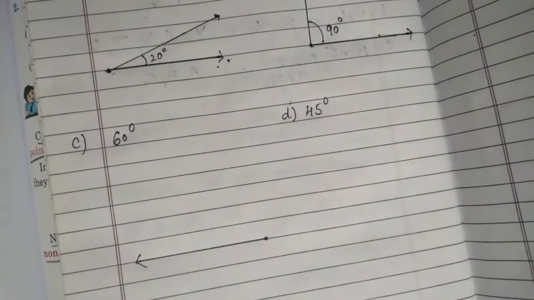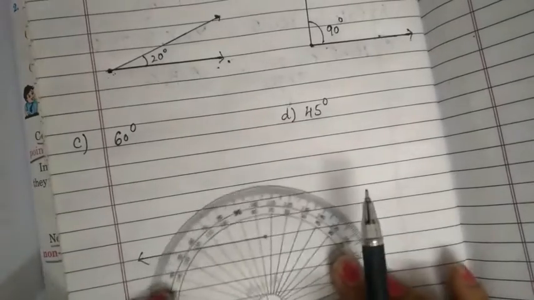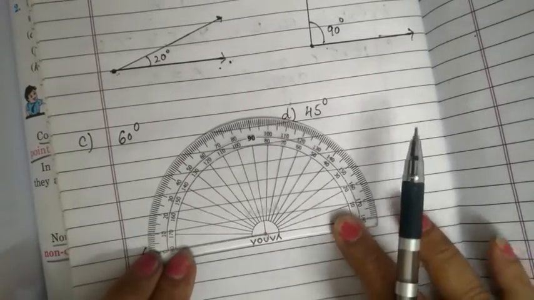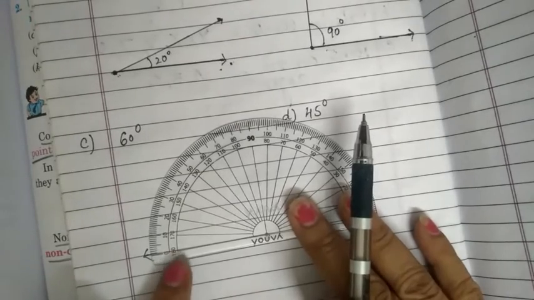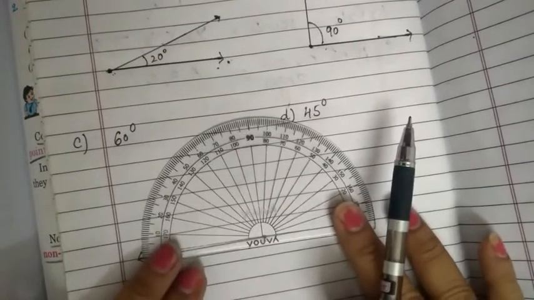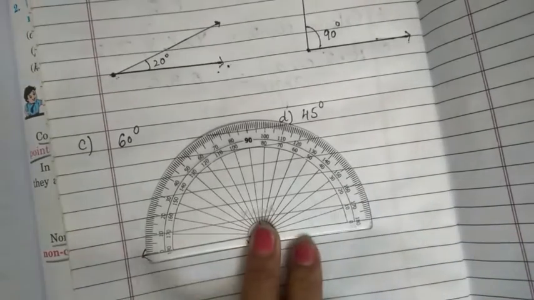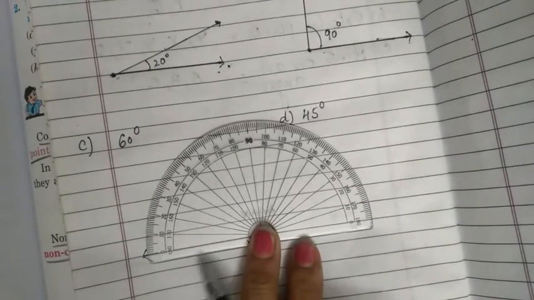Now again, the next step is, keep the center point of the protractor on this base point. Now this line and this line are overlapping each other properly. Now we will count the 0 from this side because our baseline is going towards this side.